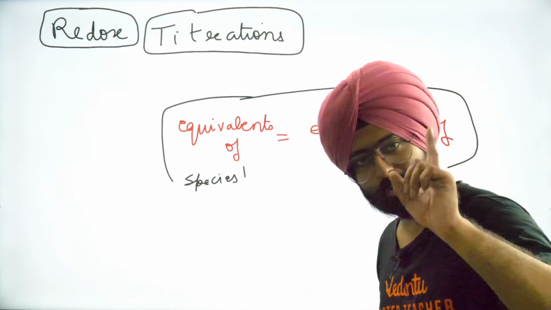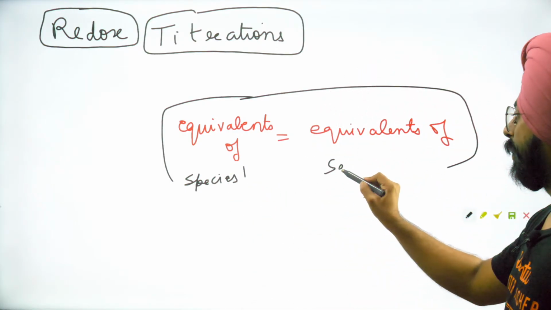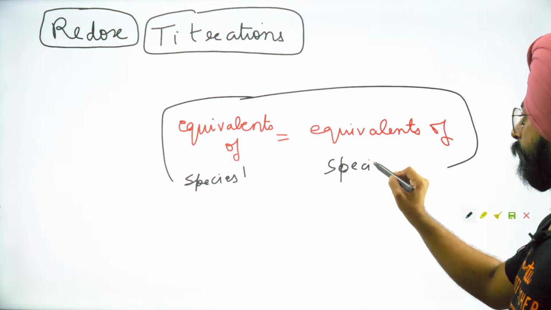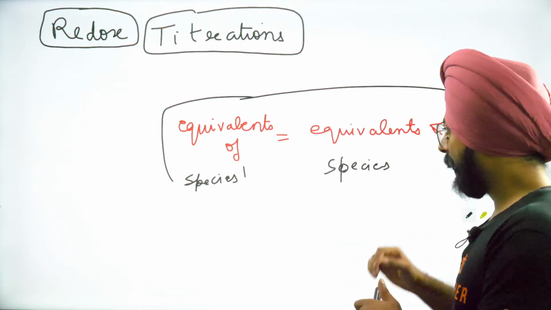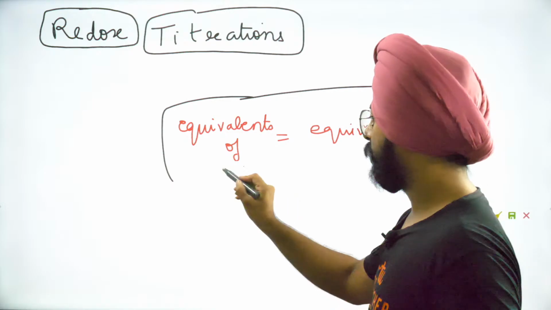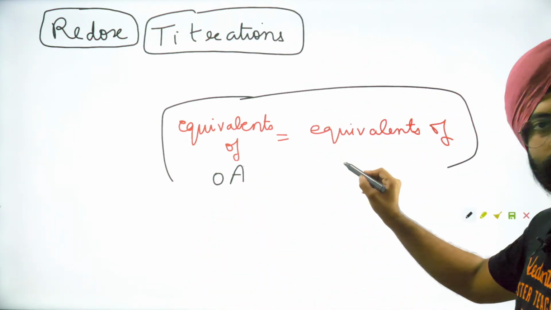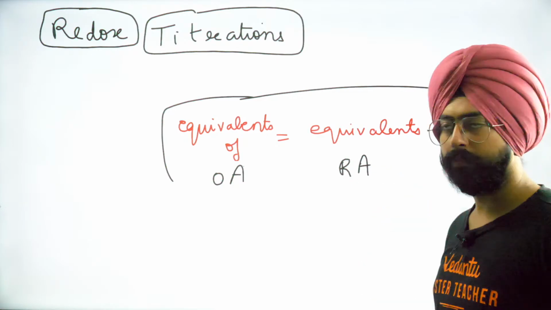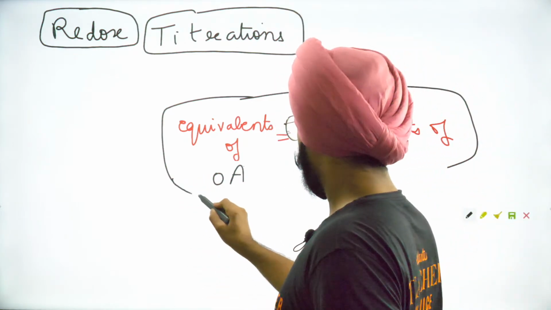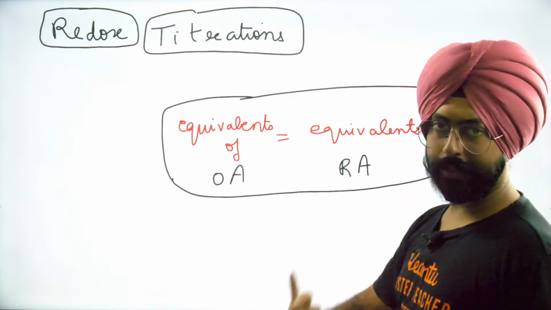Okay. Equivalence of the first species has to be equal to the equivalence of the second species. Or I can simply say that equivalence of the oxidizing agent, OA means oxidizing agent, is equal to the equivalence of the reducing agent. Yeah, I can say that. So this is the basic idea behind any titration.